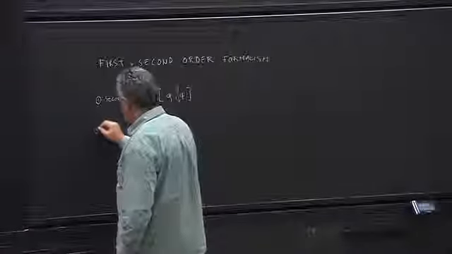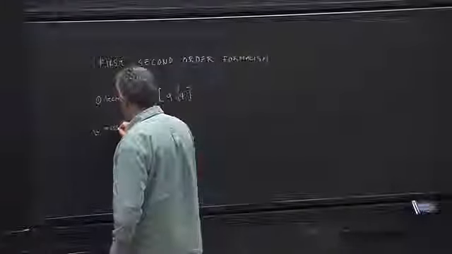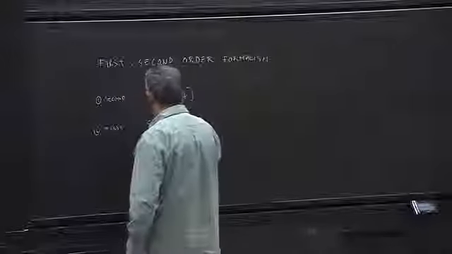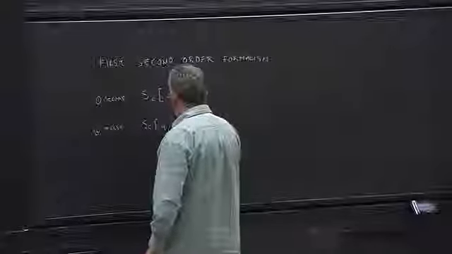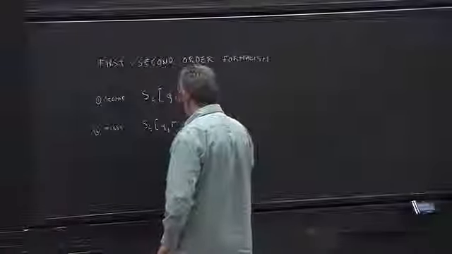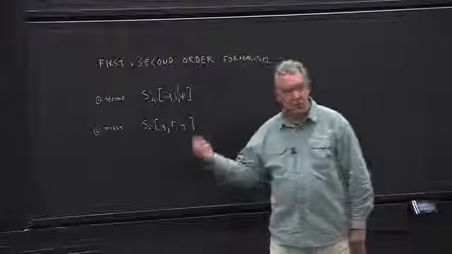Whereas in the first order formalism, we have a metric and gamma and the matter fields. And we treat them independently.